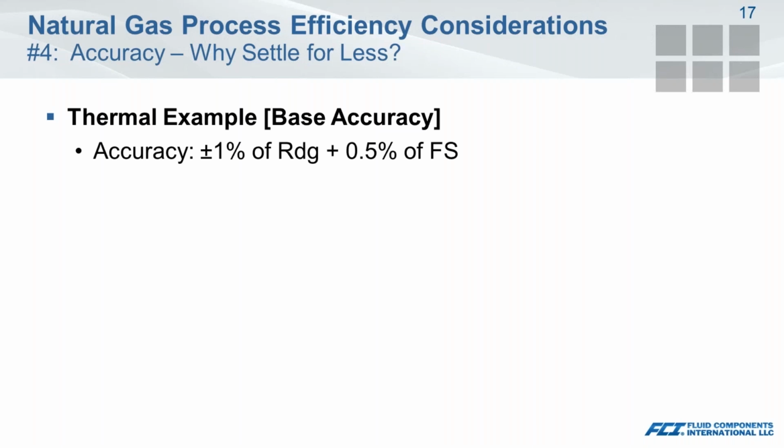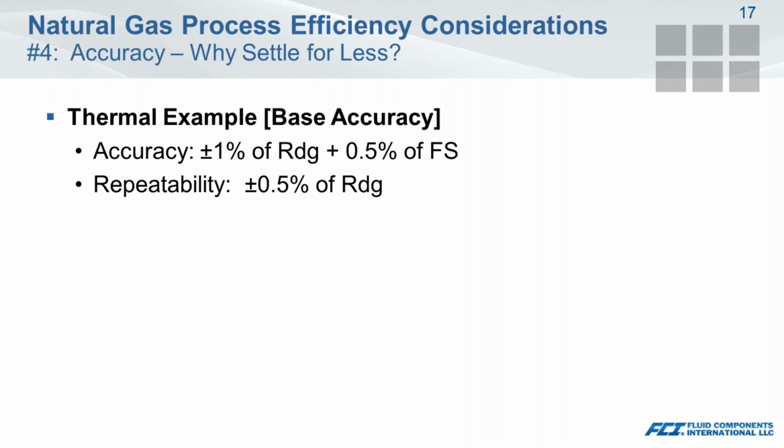And given that, a lot of times we don't need that custody transfer level measurement, looking for accurate, repeatable readings without breaking the bank. So with thermal, commonly you'll see a 1% of reading and a 0.5% of full scale as a typical accuracy under ideal conditions.